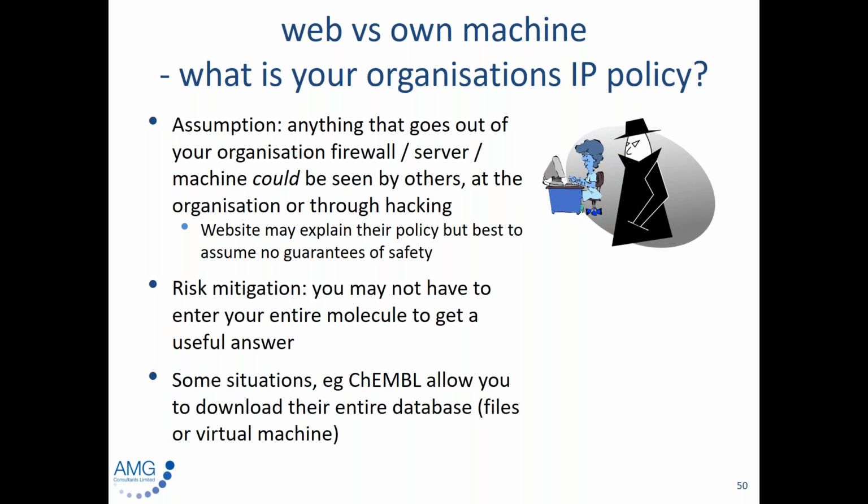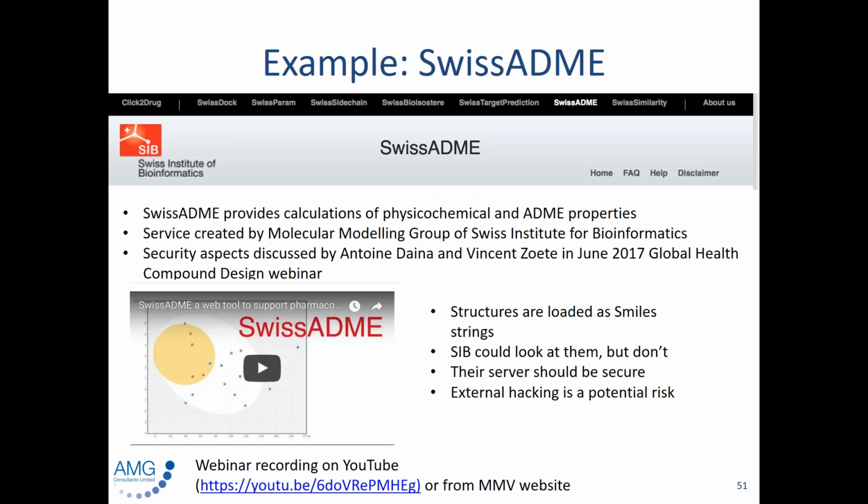You can also sometimes enter parts of a molecule that you're interested in, or molecules that are similar to but not the same as the one you're trying to predict. In some situations you get a choice. So Kemble, for example, you can search on their website. There are also ways they allow you to download their entire database.